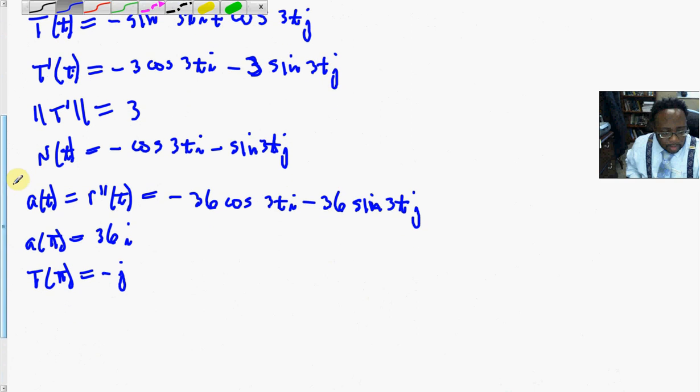And then for the normal vector at pi, we plug in t equal to pi, so cosine of 3 pi is negative 1 times a negative, we get just i. And then we evaluate the sine at pi, that gives us 0.